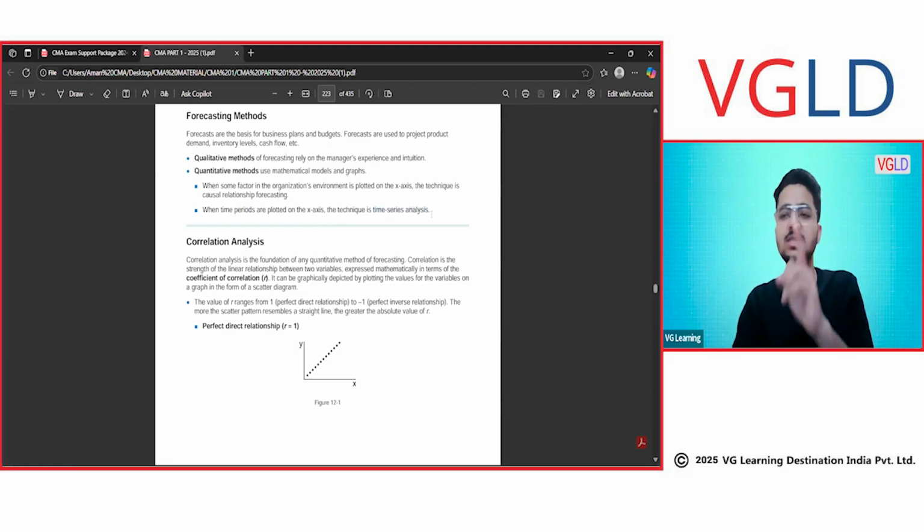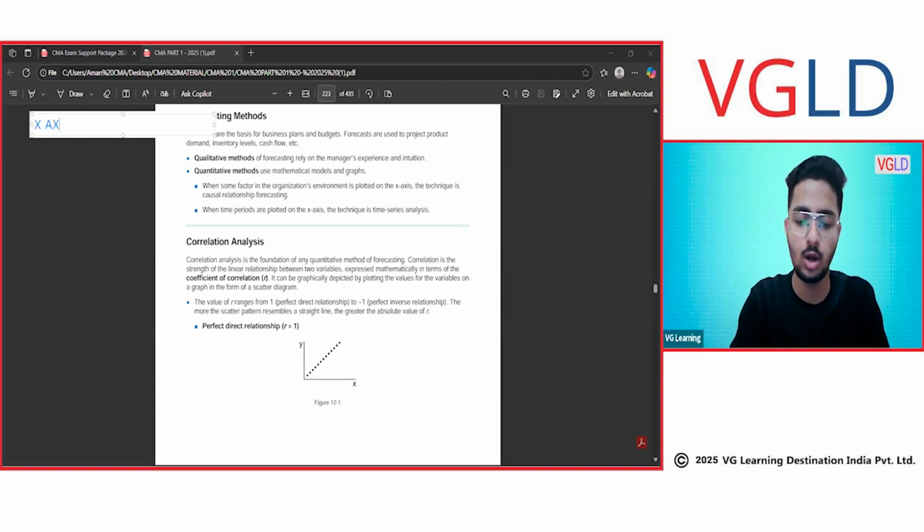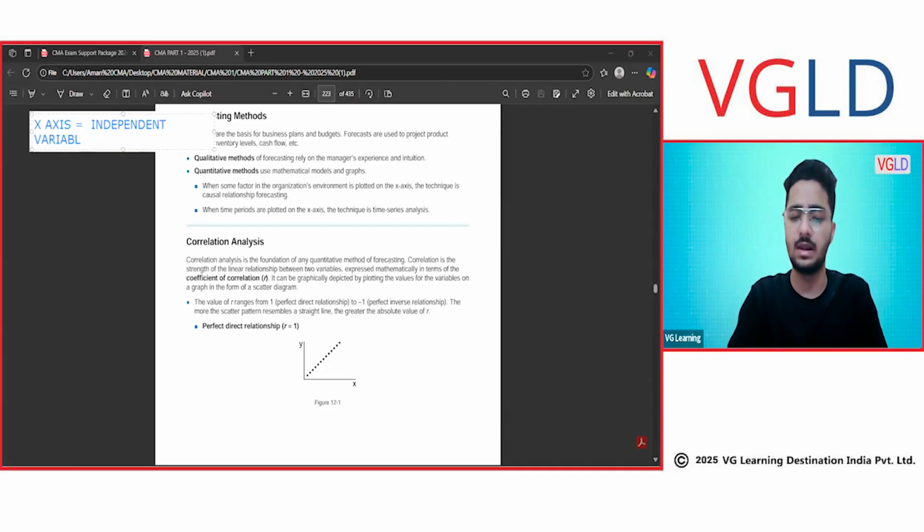So basically, you must all remember one thing. On the x-axis, we plot the independent variable. Independent variable means that it is independent. It is not going to be affected by any other factor.